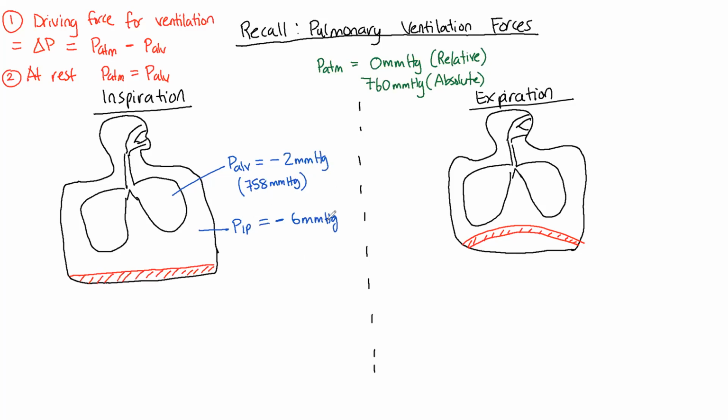This difference is our transpulmonary pressure. We'll talk about that a little bit later on, but alveolar pressure minus intrapleural pressure is our transpulmonary pressure, our distending pressure. And then the absolute value here is going to be 754 millimeters of mercury. Again, a 4 millimeter of mercury difference.